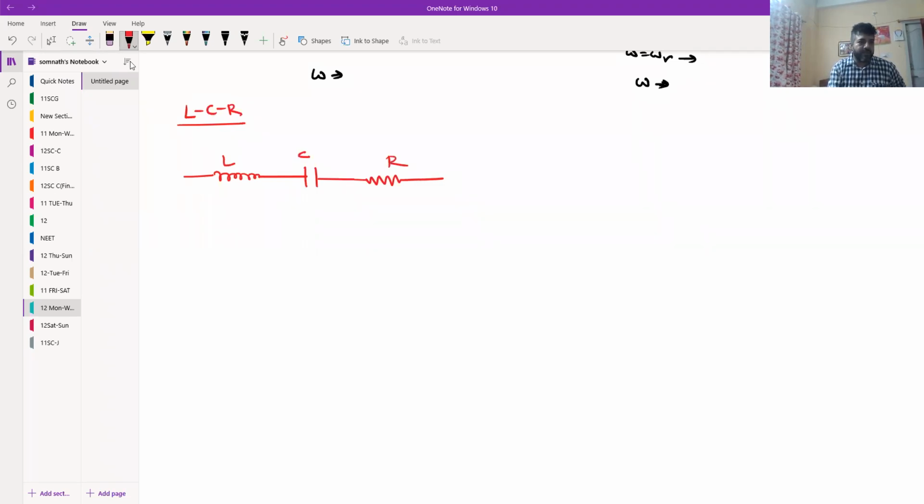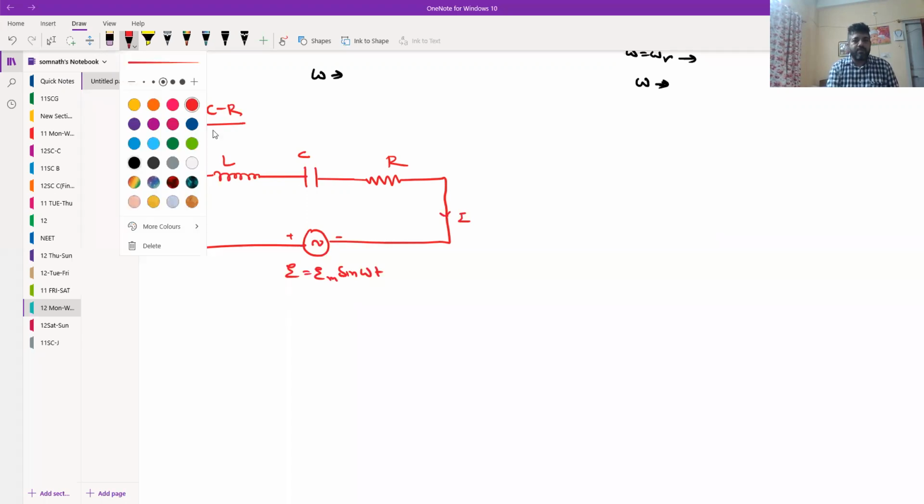If you connect it with this source, E equals EM sine omega t. This is my I.